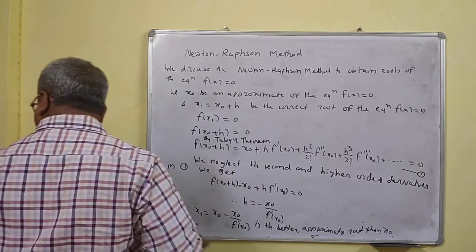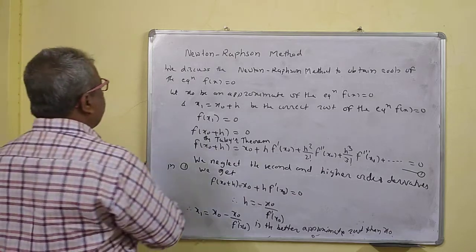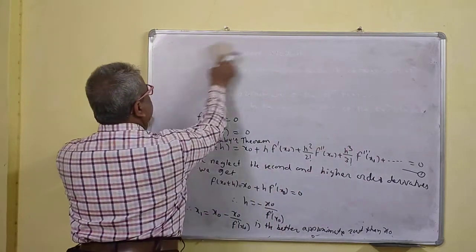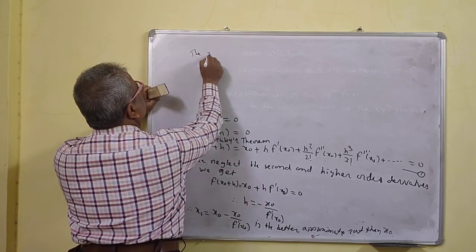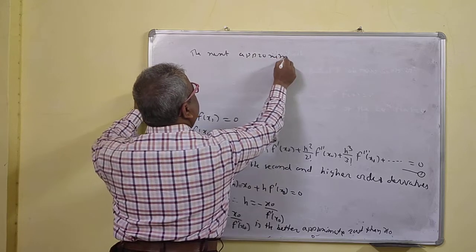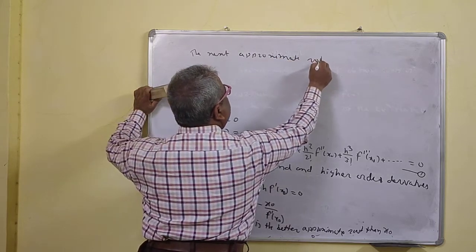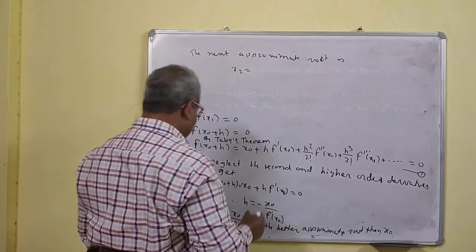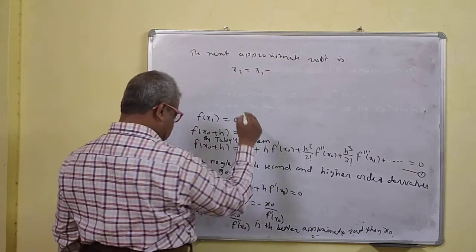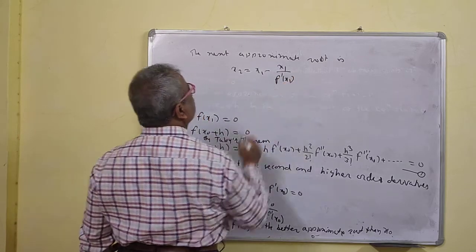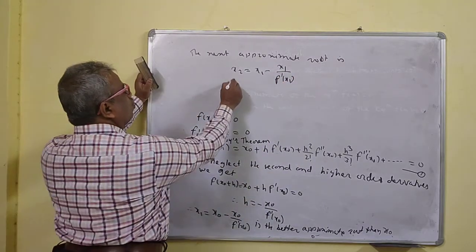Now the next approximate root is x2 = x1 - f(x1)/f'(x1), and so on.